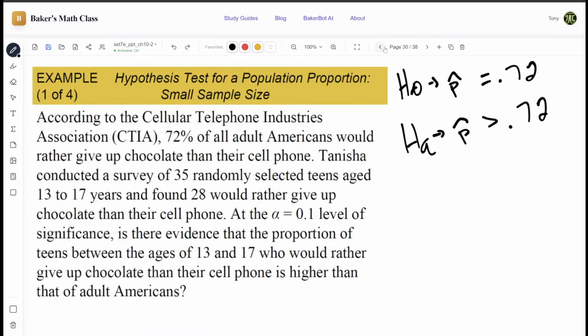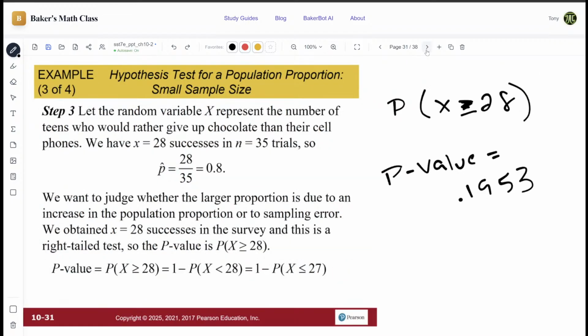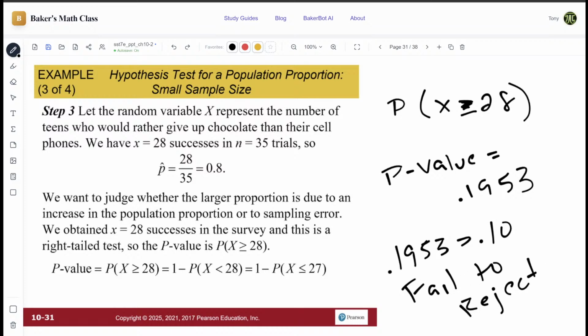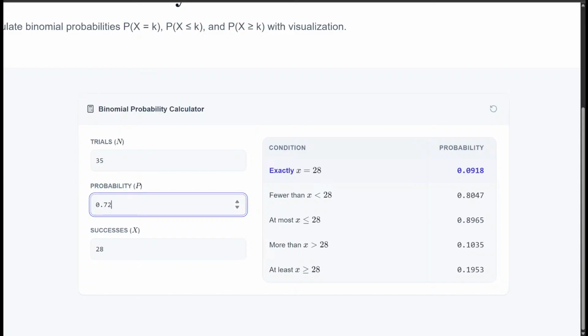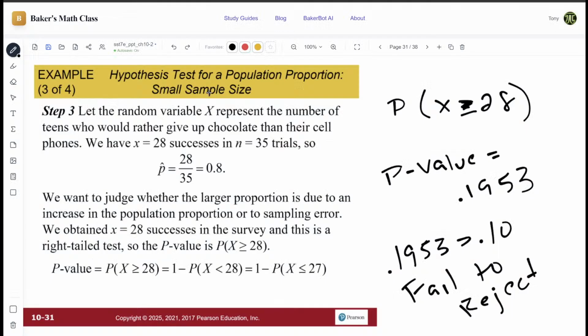What was my significance level for this one? 0.01. So I'm going to compare that. It is greater than the 0.01, so I fail to reject. So even though it was 0.8, it's not significantly different than the general population to accept it.